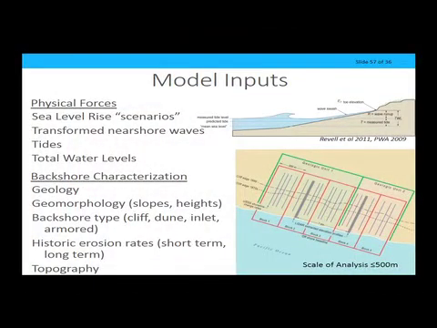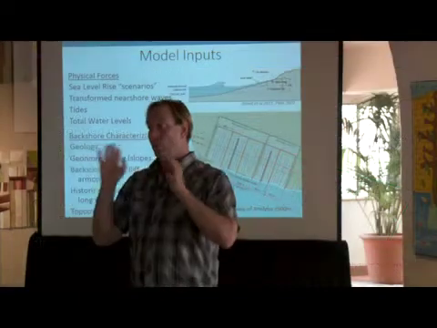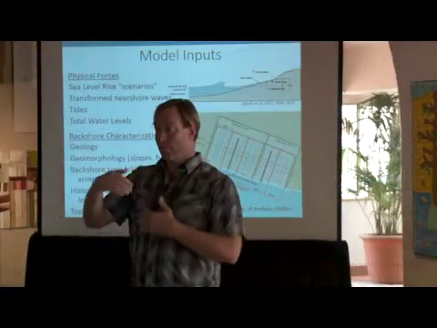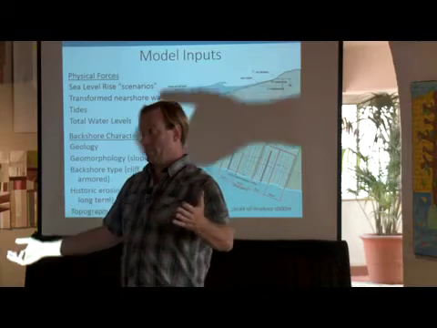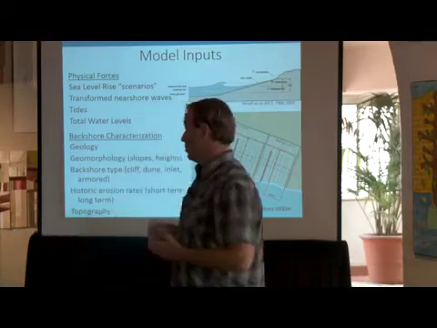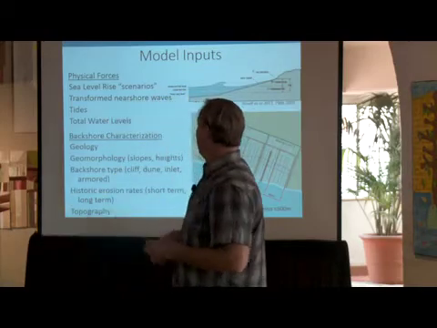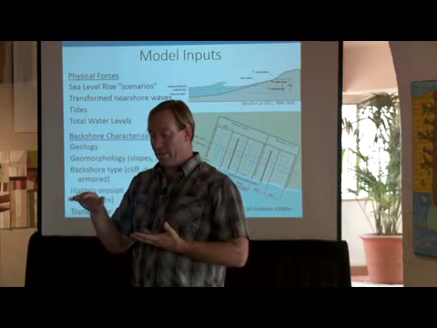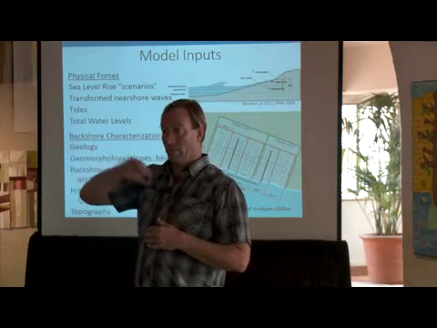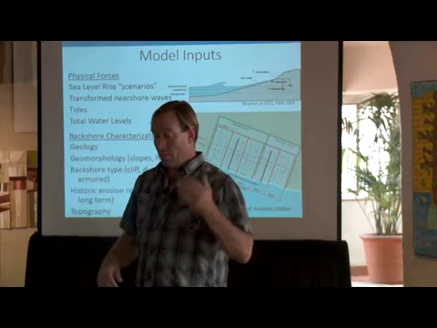But the modeling that I did with ESA looked at sea level rise scenarios, took the waves from out in the ocean and transformed them along the coast, because the waves at Hollister are much different size and shape than, say, Goleta Beach or the city waterfront, and basically calculated total water levels. And then we intersected that total water level, tides and wave run up, with the backshore.